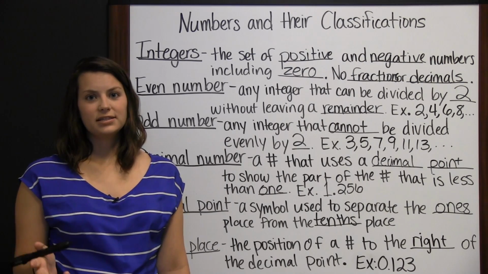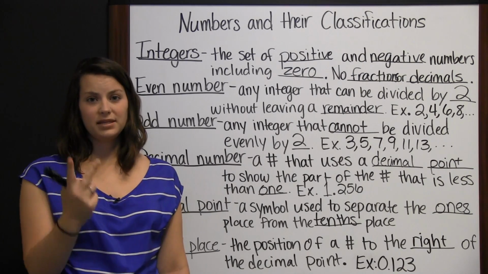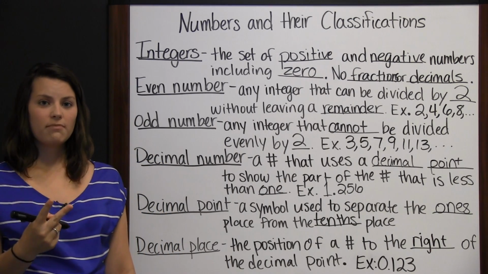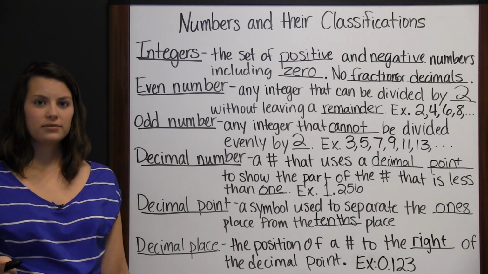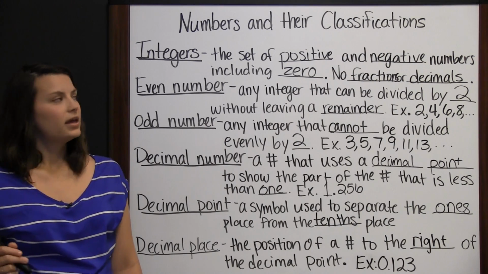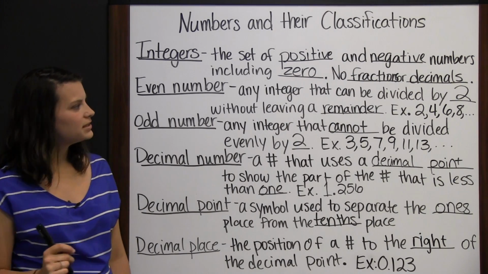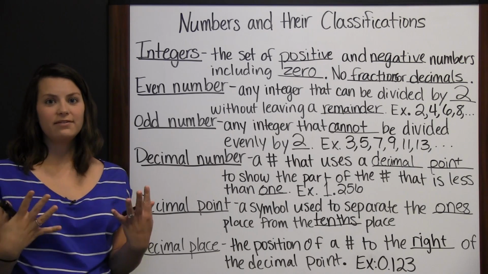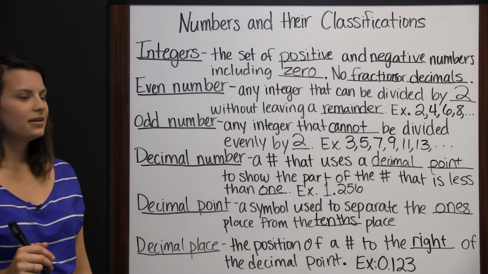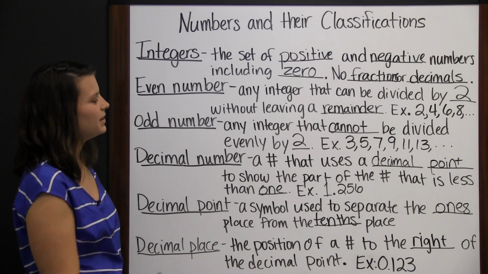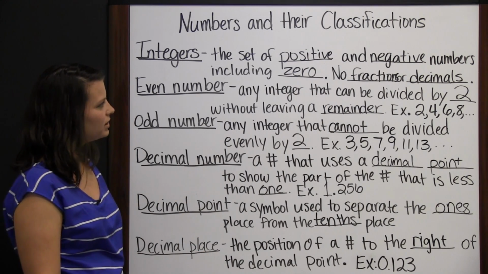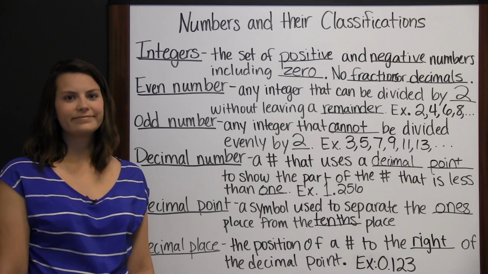And the binary system, that prefix bi means 2. So in the binary system, they only use 2 numbers, 0 and 1. And they put those numbers together to mean different things as well. It's thought that maybe we use the base 10 system because we have 10 fingers and maybe 10 toes, so it was just easier to come up with something like the base 10 system. But these are our numbers and what these different words mean.